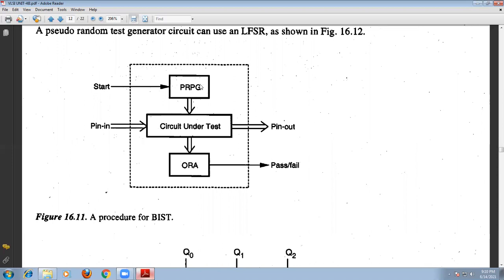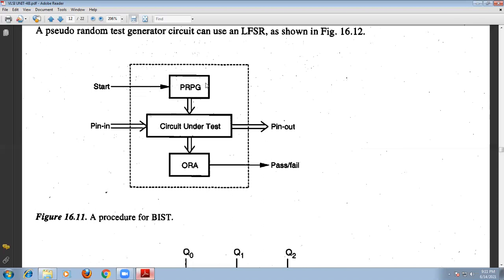To test a circuit we require some test patterns, and these can be generated using different pattern generators. The first is the pseudo random pattern generator, another is the weighted test pattern generator, and also the adaptive test pattern generator.